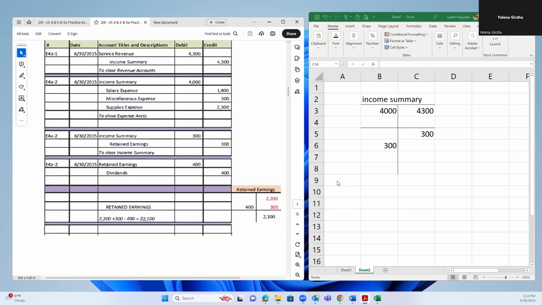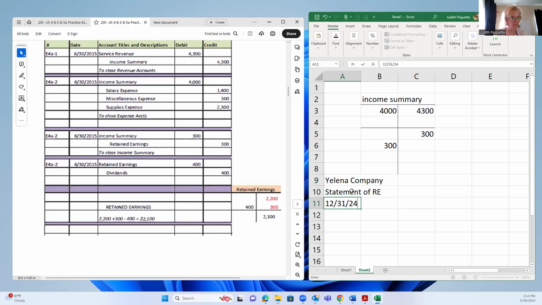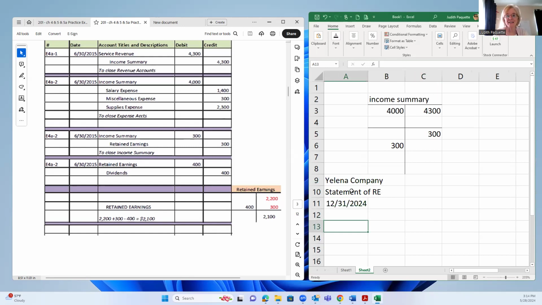Oh, okay. Now this should feel a little bit familiar to you. If I asked you, and I'm not going to ask you for this on the exam, to give me a statement of retained earnings for Yelena Company, for 12/31/24, who can remember the four lines?